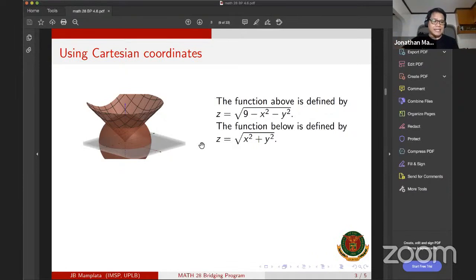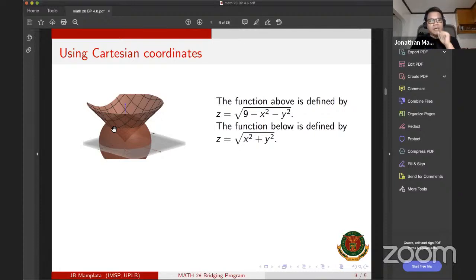Kung ipoproject natin on the xy plane, kumbaga parang i-collapse mo siya, mapapansin nyo, yung magiging projection niya on the xy plane is actually a circle. Yung circle na yan ay yung boundary ng cone. The circle is actually the intersection of the cone and the sphere. So we have to determine the equation of that intersection.